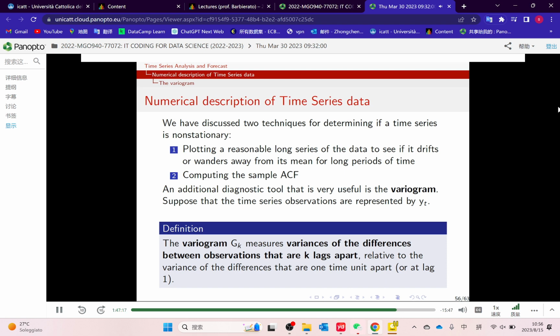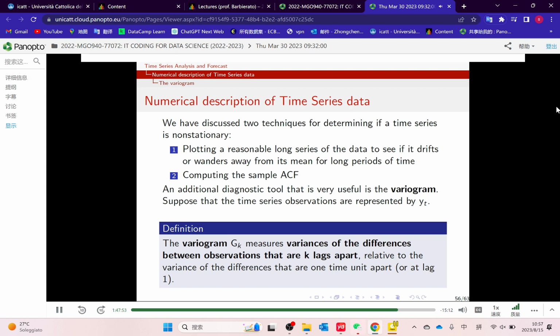We can see another technique called variogram. The variogram is just applying the concept of variance between the points of your time series. So variogram, variance, this is basically the concept. Specifically, if you denote with G of index K, each one of these points is calculated as a variance between the observations of your time series.